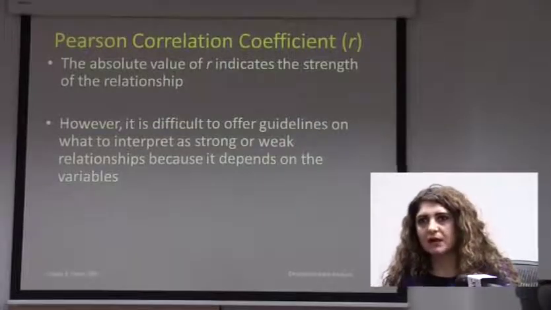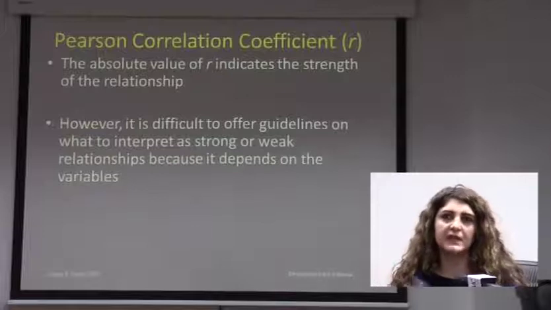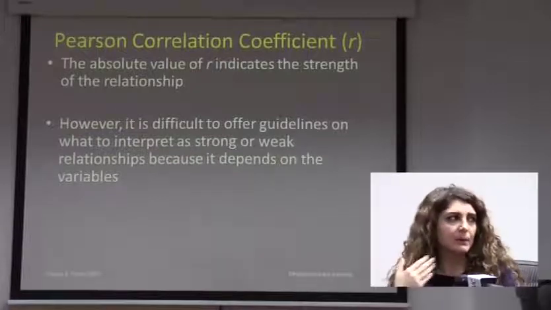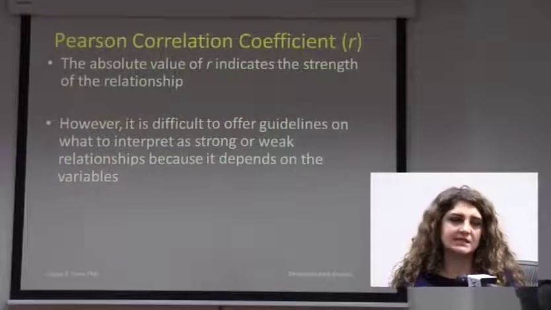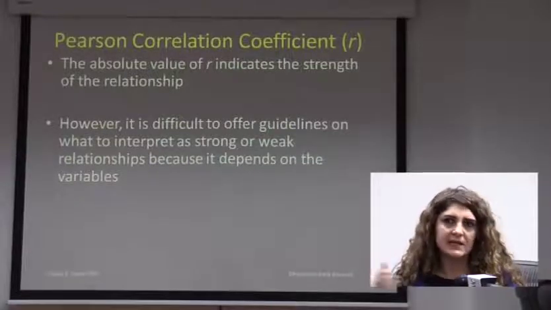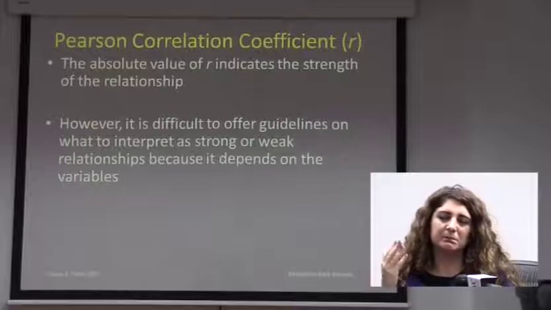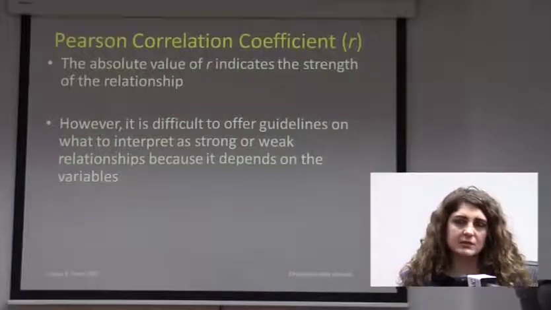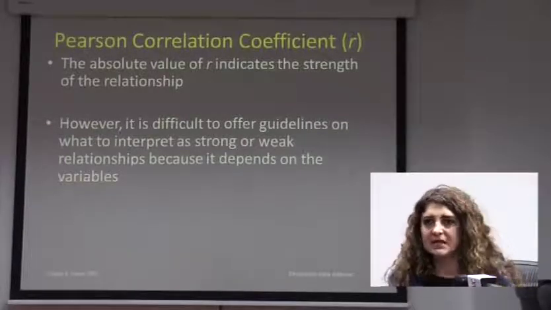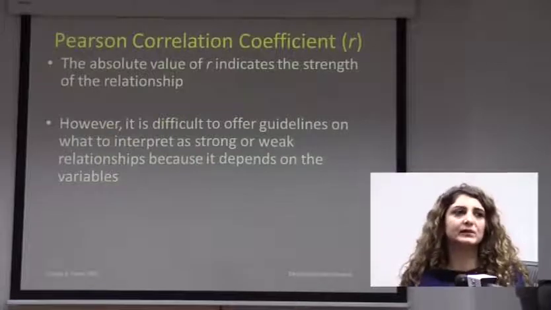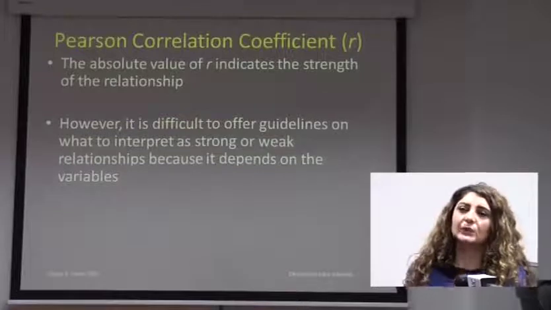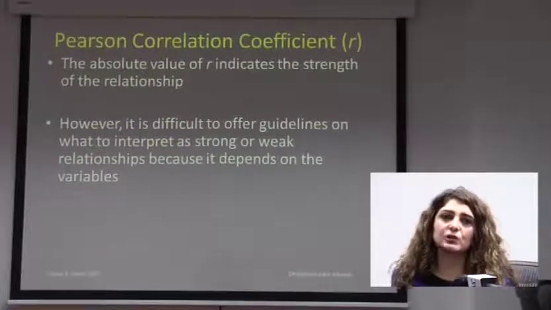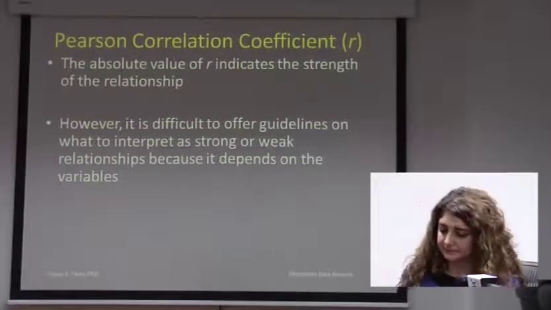If the absolute value of R is less than 0.5, then we say it's a weak relationship. Between 0.5 and 0.7, it's moderate, and above 0.7, it's strong. There are several guidelines. What I usually use is less than 0.6 is considered weak, between 0.6 and 0.8 moderate, and more than 0.8 strong, but some people might think this is very conservative. So I would leave this depending on the actual relationship you are studying.